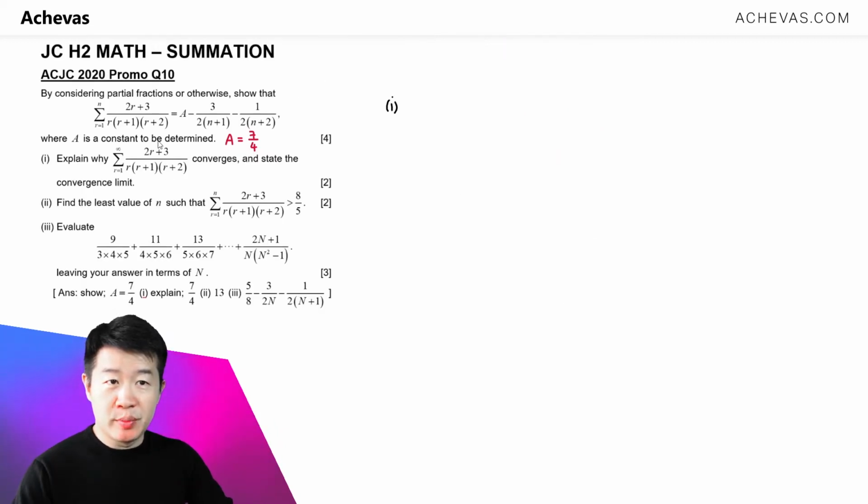And in part 1, we are supposed to explain why, when it's summed to infinity, it converges. So to explain this, I'm going to look at the result of the evaluated summation.